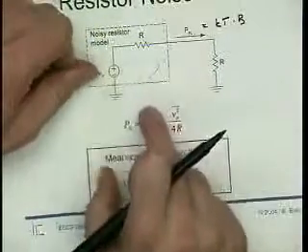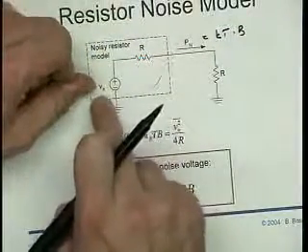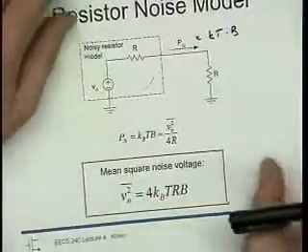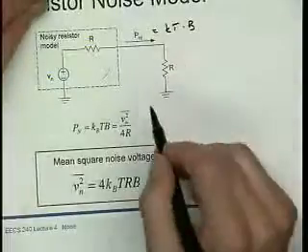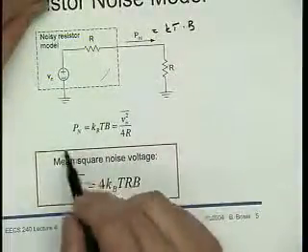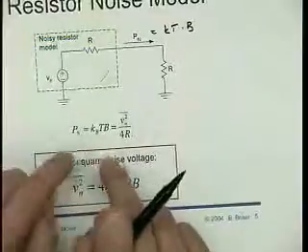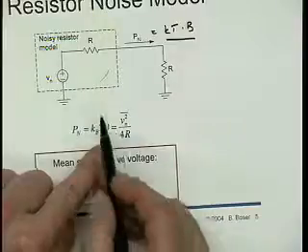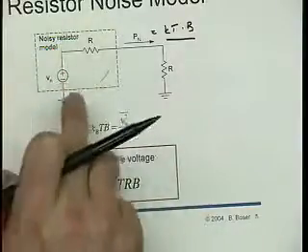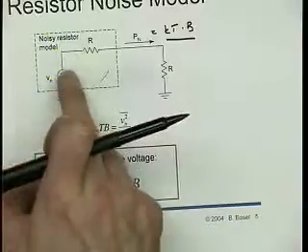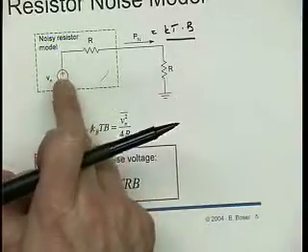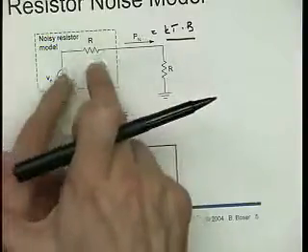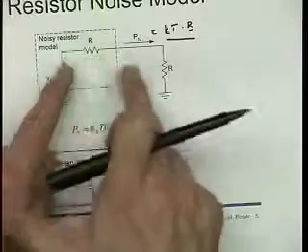So now we can use the fact that we know R and R here, and we know the total power, and we can calculate Vn. Right? We do that. So the total power, first of all, is kT times B, and we also know that the power delivered by this source is Vn squared over R, but then that is the power delivered to both of these resistors.